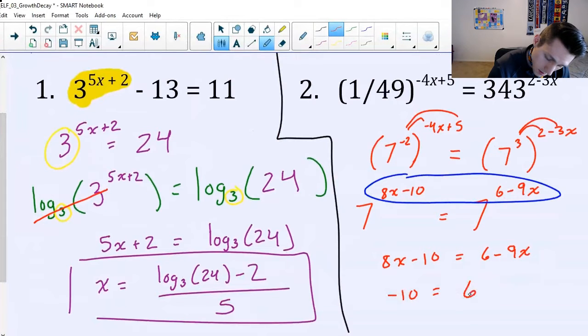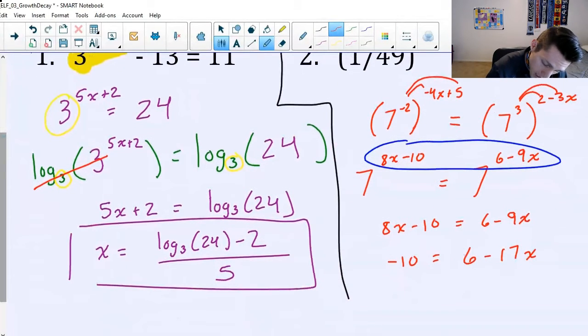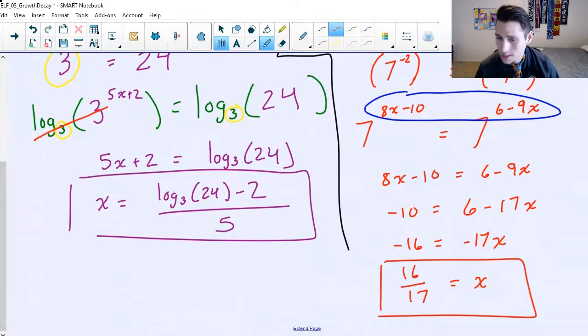Subtract 8x from both sides, or I guess add 9x to both sides. It doesn't matter which side you bring the x's to. Subtract the 6 from both sides. And then lastly, divide by negative 17. So x equals 16/17, because those negatives will cancel each other out when we divide.